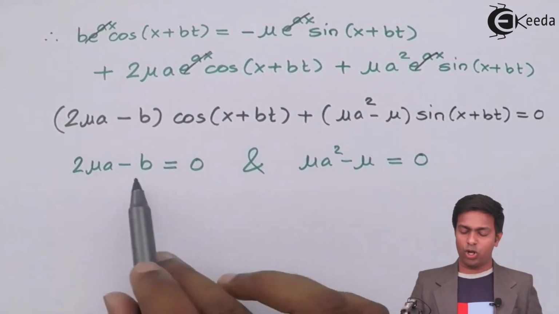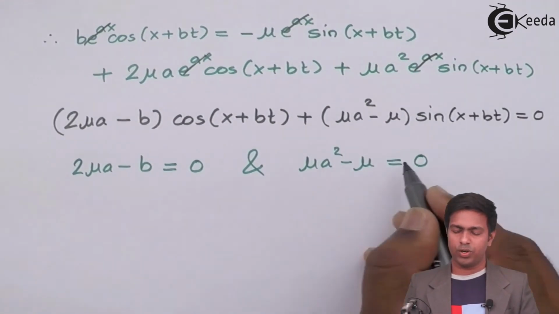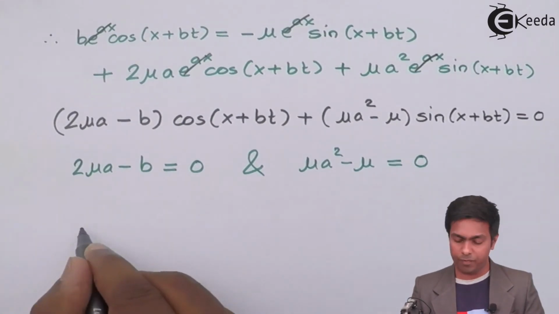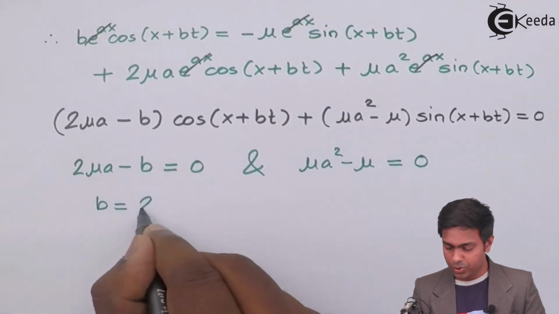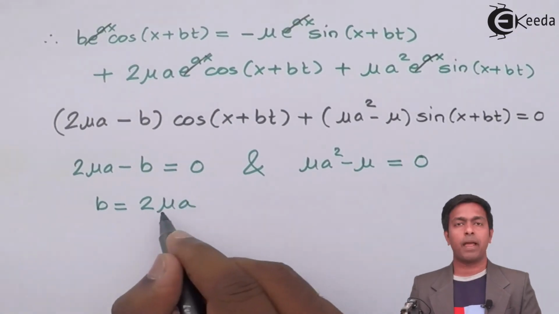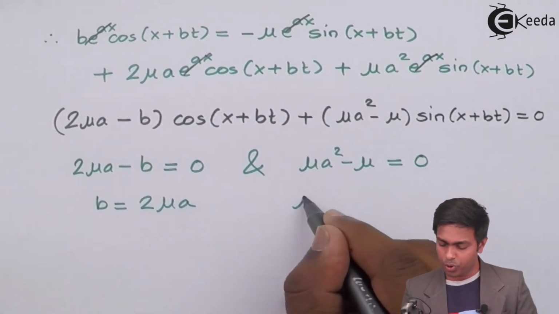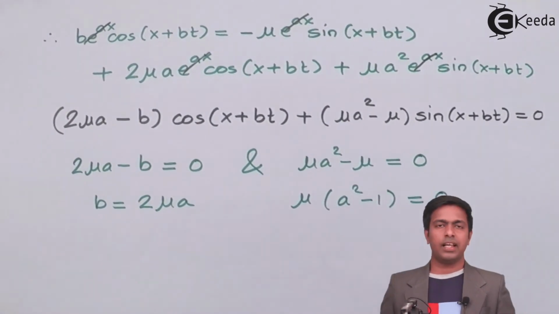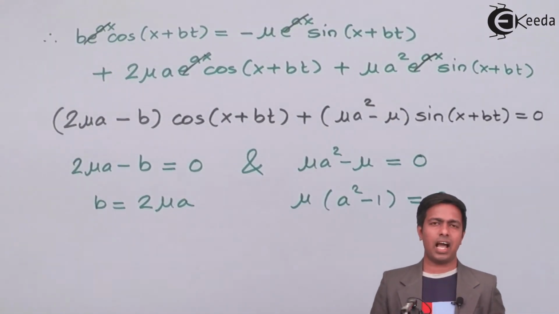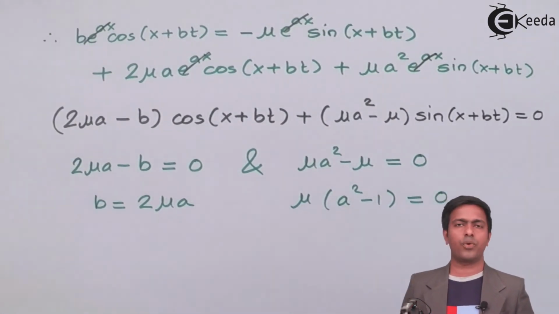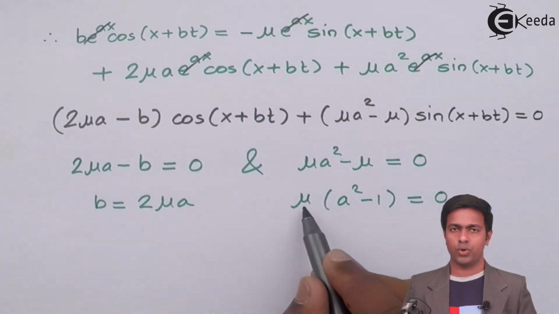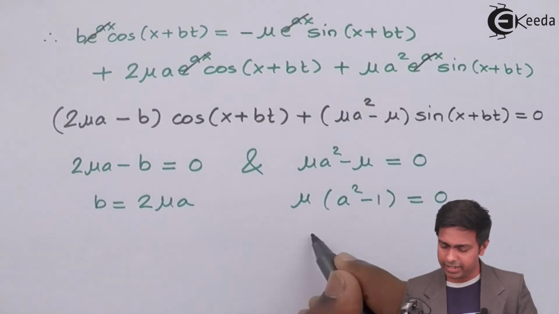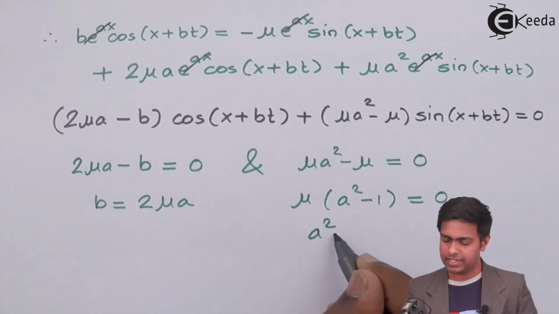Now let's solve these two given terms. So here I will get the value of b as 2 mu a, and here we will get mu common and a square minus 1 equal to 0. Now guys, mu was taken as any arbitrary constant because it is given in the question. So what I can do is I can shift this mu to the other side, that will become 0 by mu, and we will get a square minus 1 as 0, that is a square equal to 1.